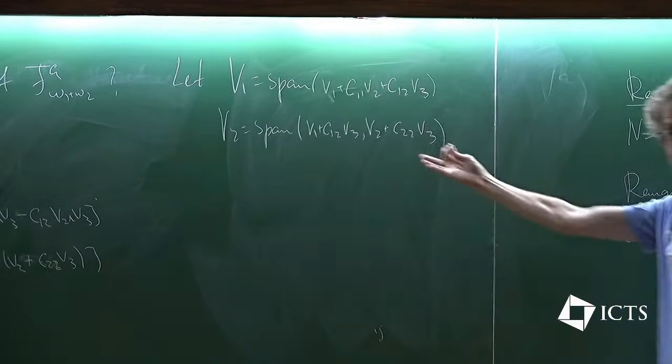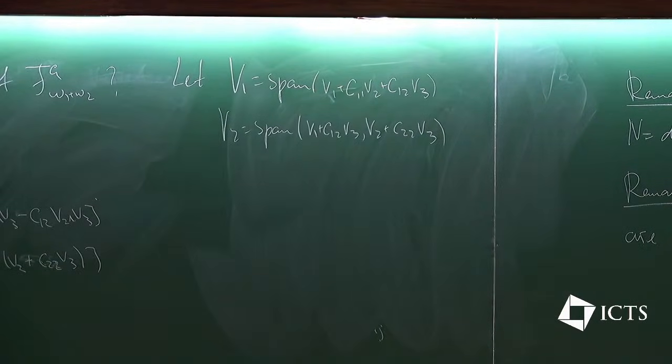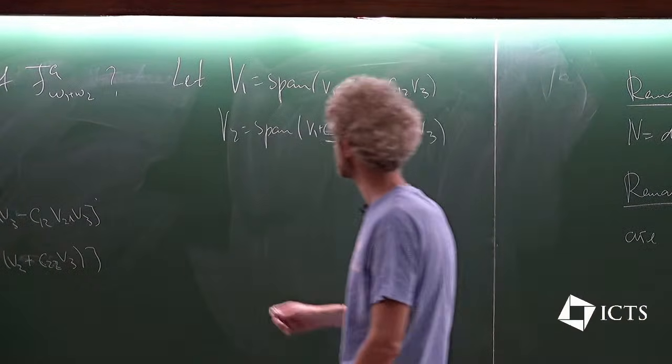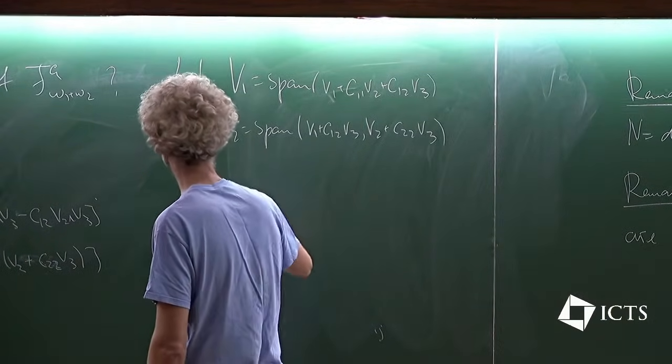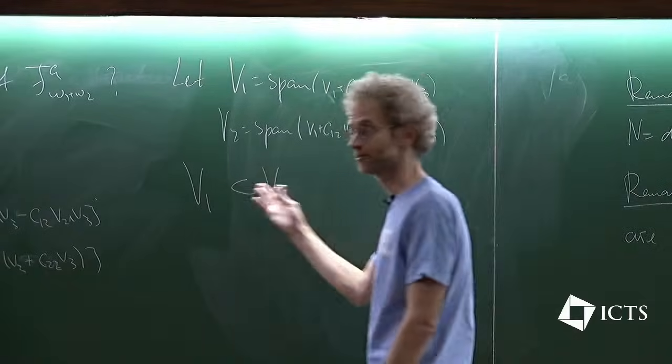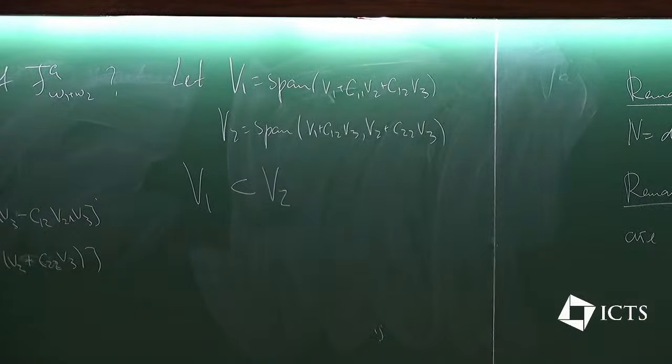Okay, I just wrote the two vector spaces, one-dimensional and two-dimensional, corresponding to our computation. And then the claim is that we are used to the fact that V1 has to sit inside V2, but it does not.